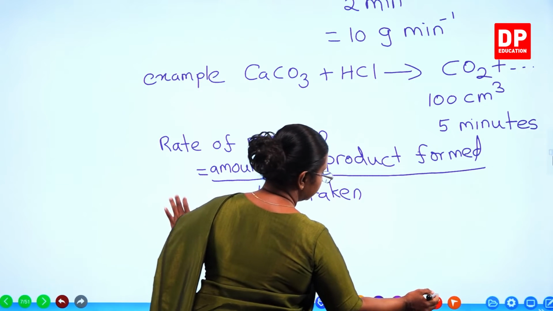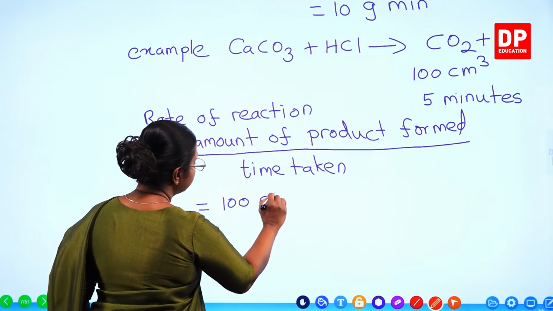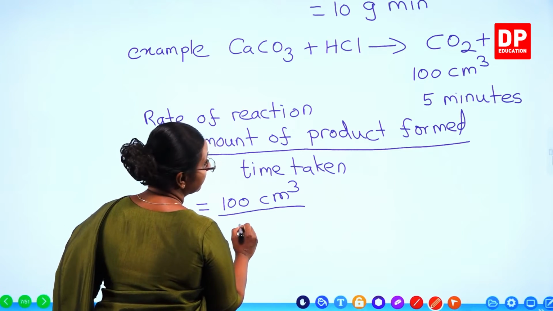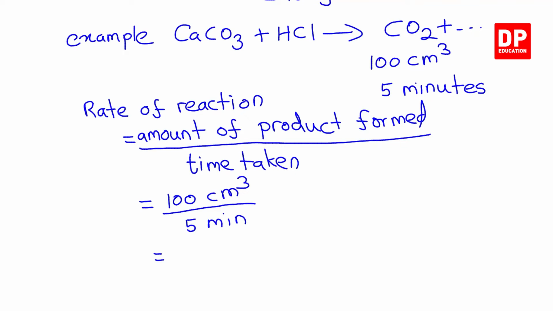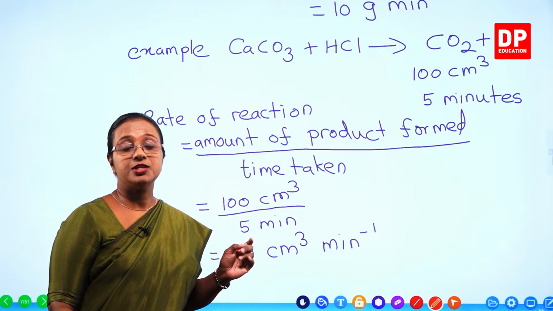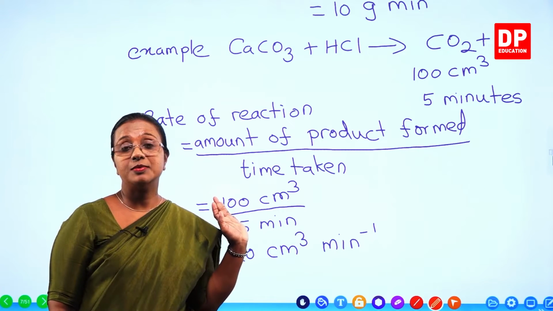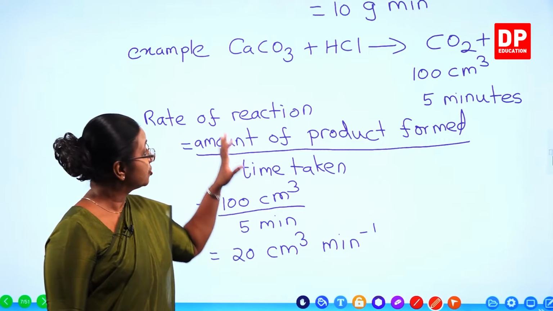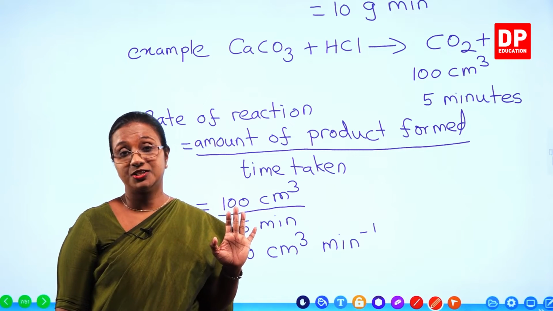So here we can calculate it as 100 centimeter cube divided by 5 minutes. So that is going to be 20 centimeter cube per minute. Centimeter cubes per minute. So since we measured the volume, then it is going to be 20 centimeter cube per minute. So these are different ways in which we can calculate the rate of reaction.